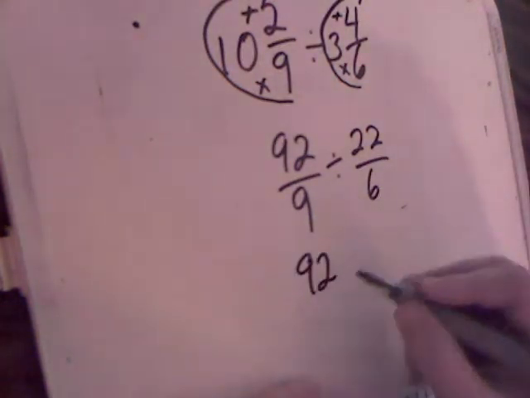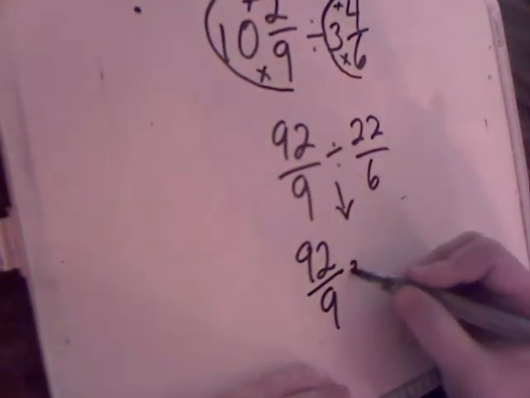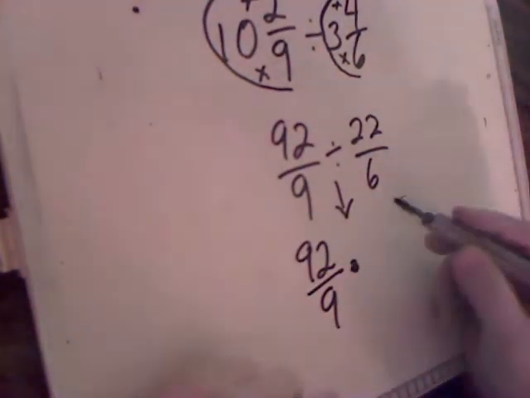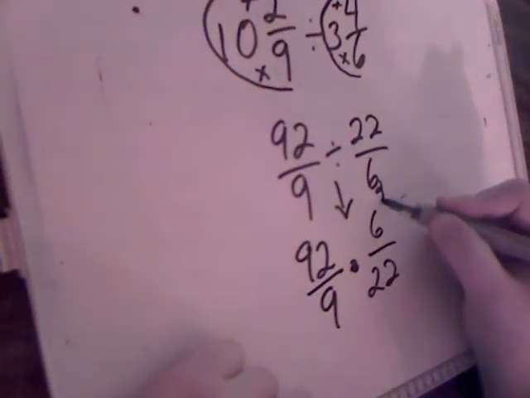Now we have to multiply the reciprocal. To multiply the reciprocal, we leave that first number alone, so it's still 92 over 9. The division sign changes to multiplication, and then we have 6 over 22, because that is the flip, or the reciprocal, of 22 over 6. Now we have the lovely task of multiplying across.